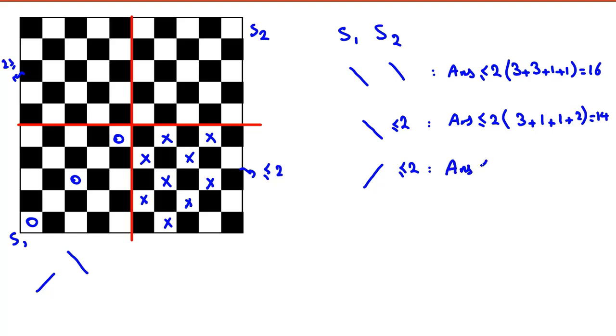The answer will be at most 2 times, this one is 2 times 3 plus here is at most 1, here similarly at most 1, 1 plus 1, and here is at most 2. So it will be 5, 5 plus 2, 7, 14.